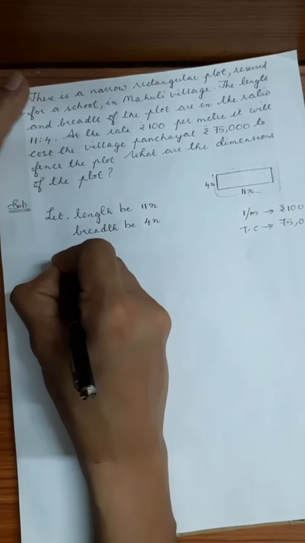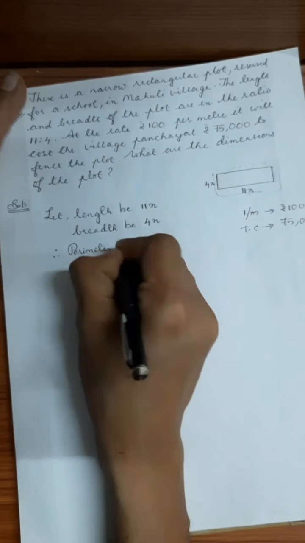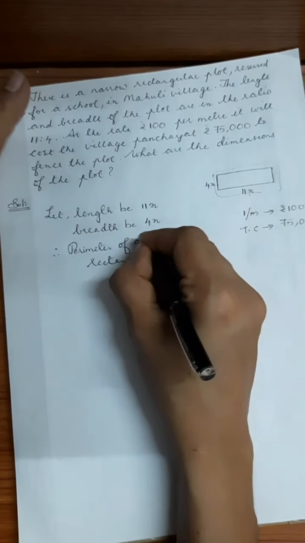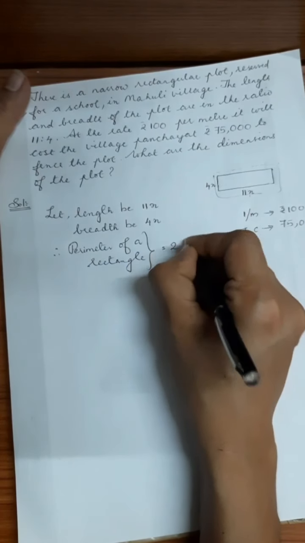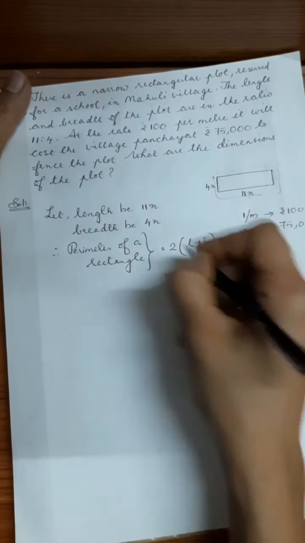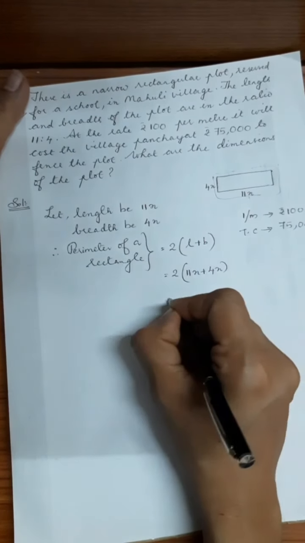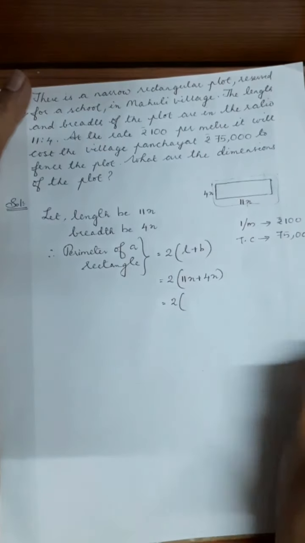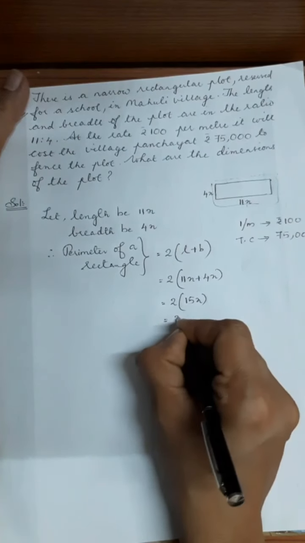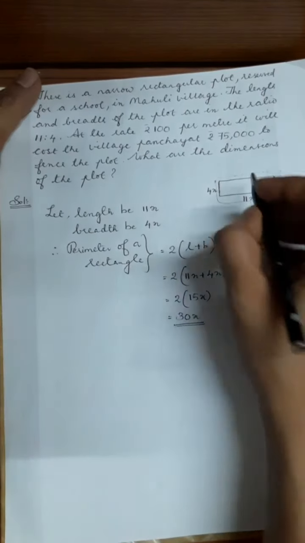So the perimeter of the rectangle is 2 into (length plus breadth), right? So 2 into (length, which is 11x, plus breadth, 4x). What does it come to? 2 into (11 plus 4) means 15x, so we will get 30x. This is the perimeter of this rectangular plot.